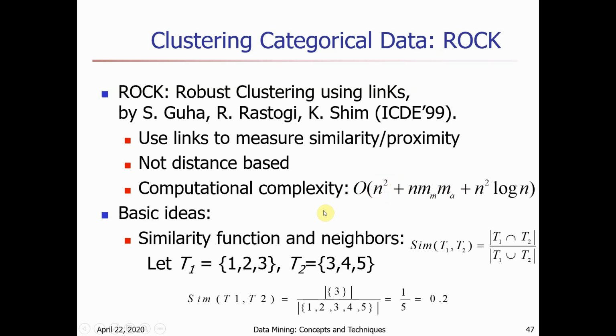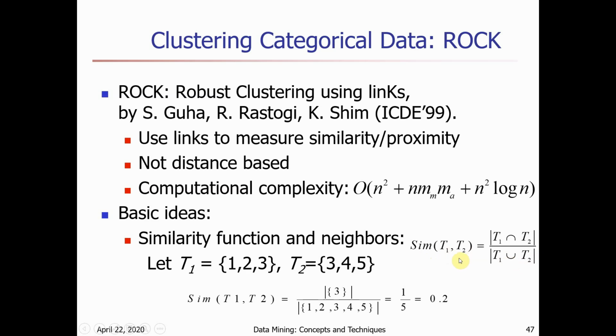So for example, let us take an example. Here we are using a similarity or proximity function and neighbors. This is the proximity or similarity function, called the Jaccard coefficient. With the help of the Jaccard coefficient, we are finding the similarity between the neighbors.